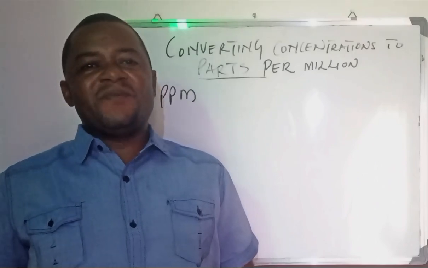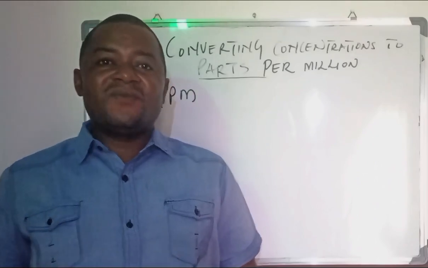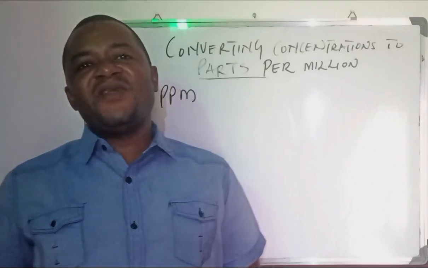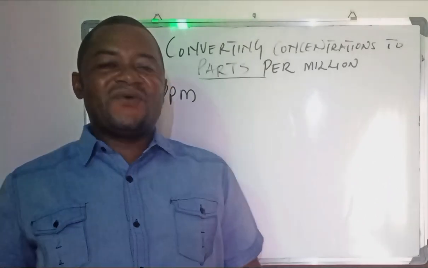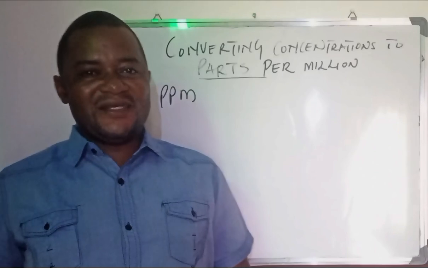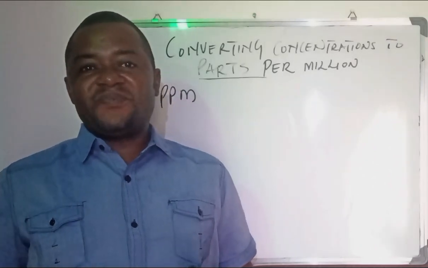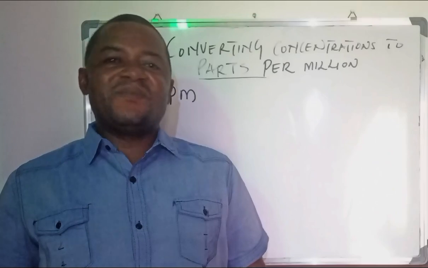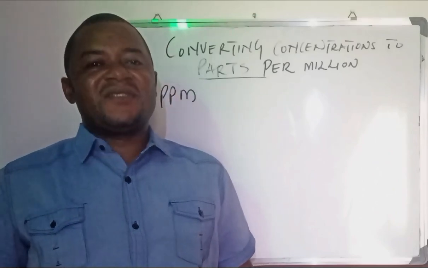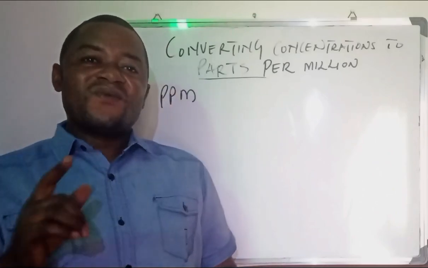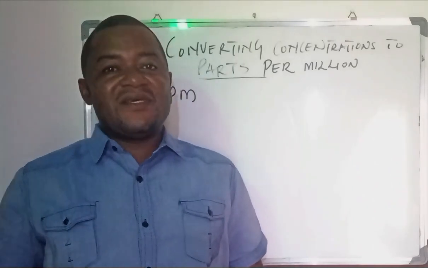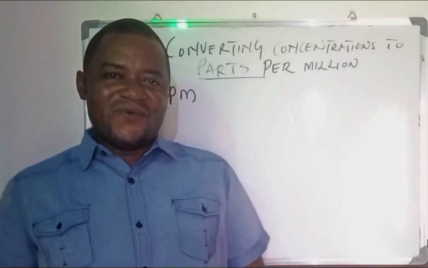Part per million is simply one part, in either weight or volume, of a solute dissolved in 1 million parts, either weight or volume, of a solution. I'll repeat myself. Parts per million simply means one part, either in weight or volume, of a solute dissolved in what? 1 million parts of a solution, either in weight or volume.